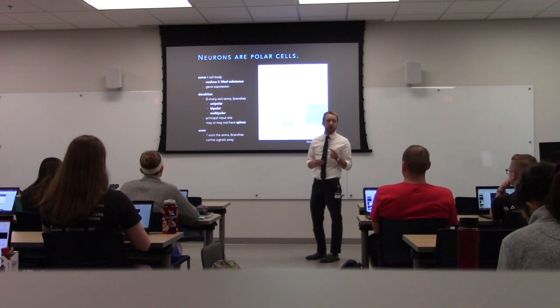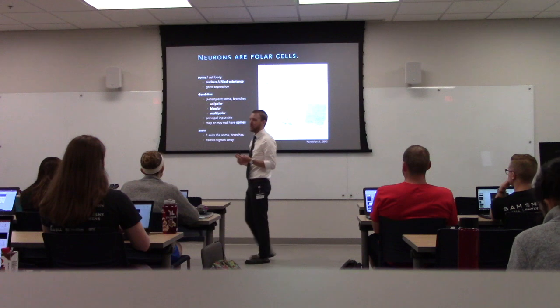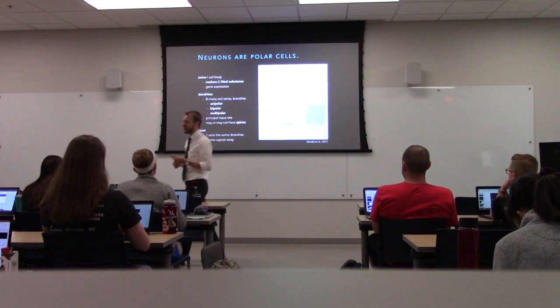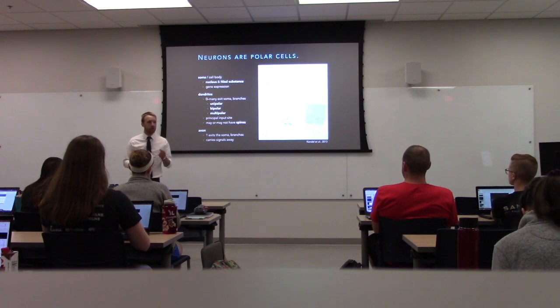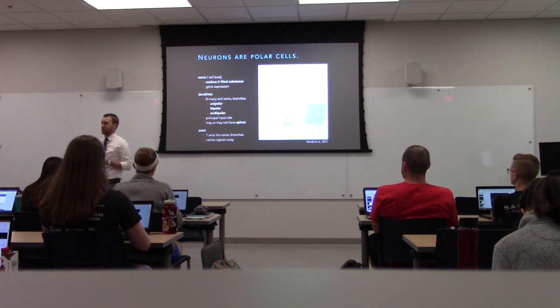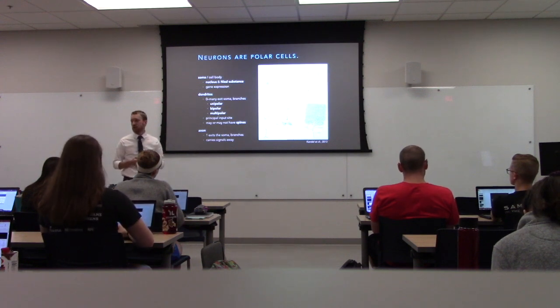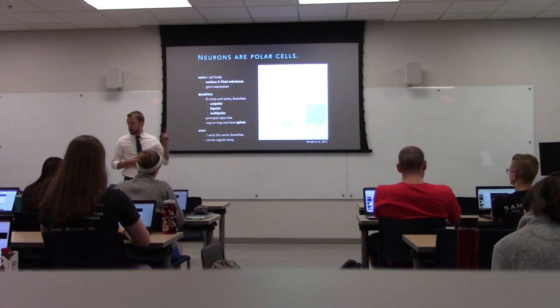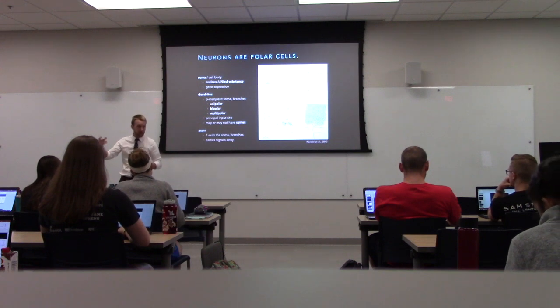The polarity across the membrane is going to be the focus of lectures 2, 3, and then probably all the rest of them too, when you get down to it, because that's how neurons work. By adjusting their membrane polarity, by changing the membrane potential, that's what determines their function. But the polarity I'm talking about on this slide has to do with the two ends of a neuron, the receptive end and the transmissive end.